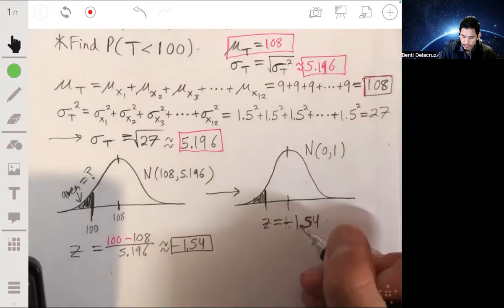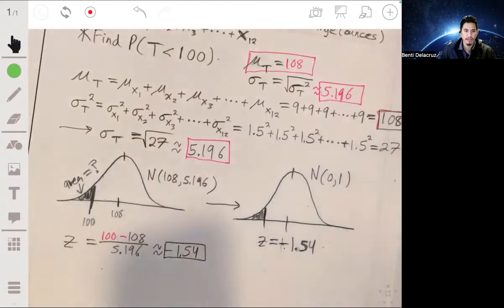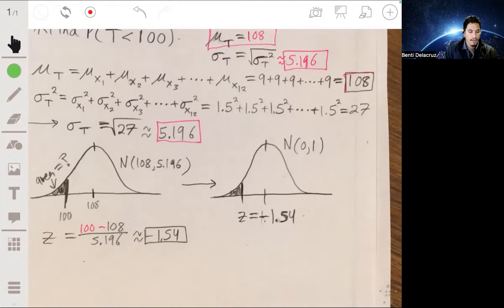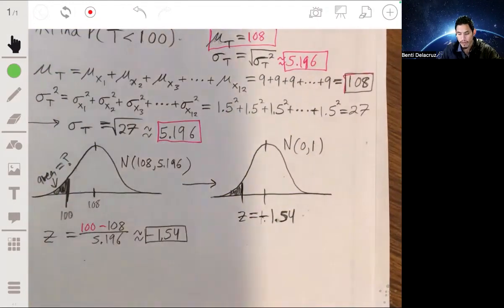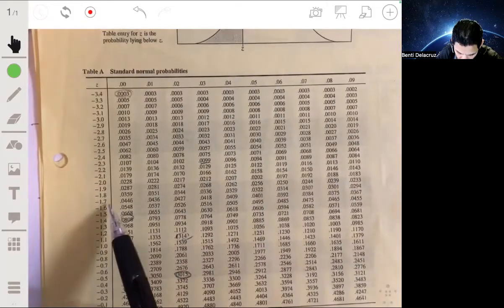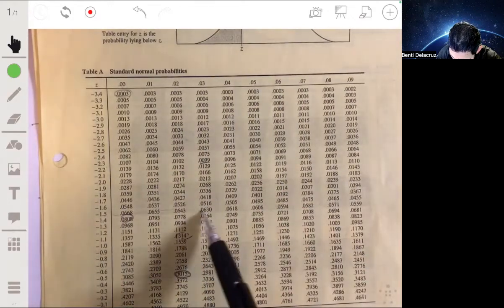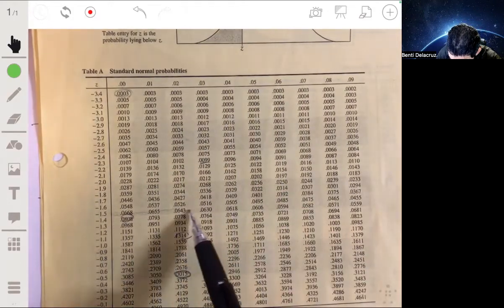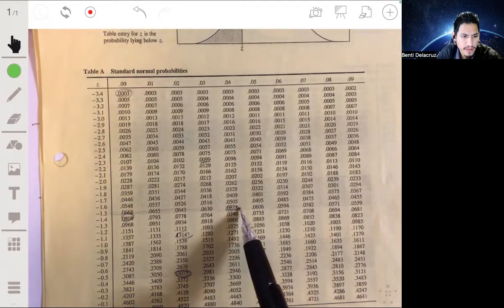So using old school technology, meaning paper or textbook or table A, look at the value closest to negative 1.54, which we should have exactly. And we're going to get that it's about 0.0618.